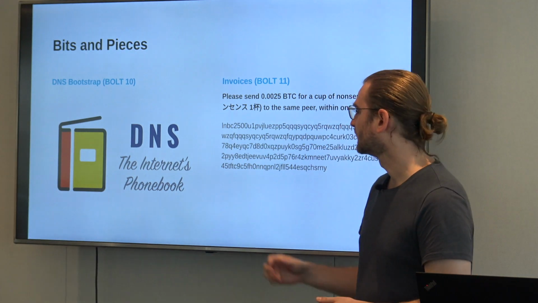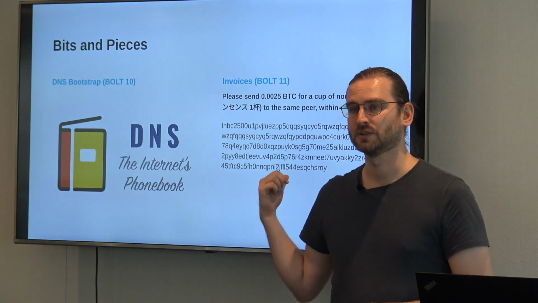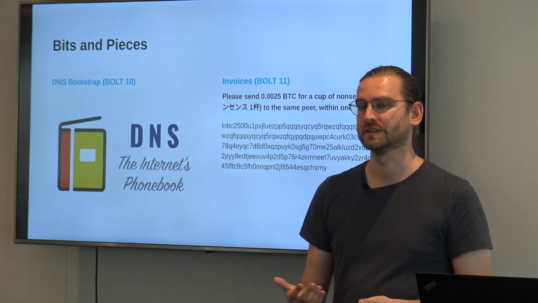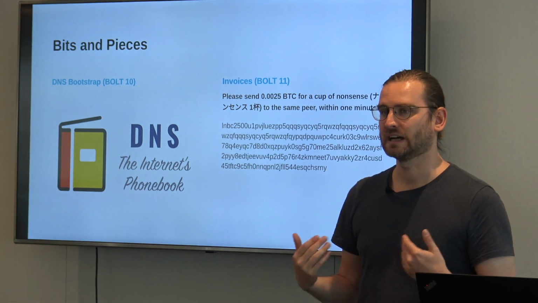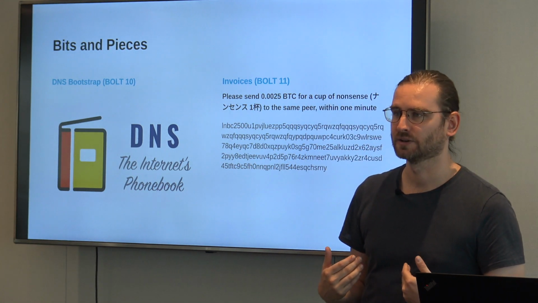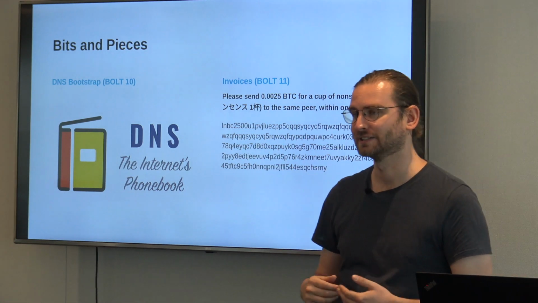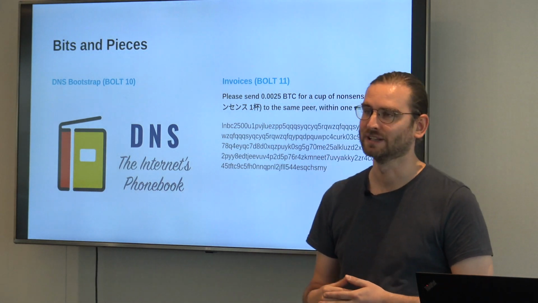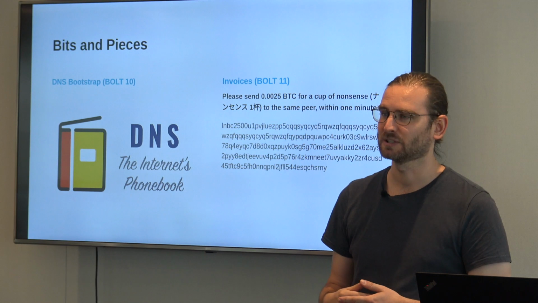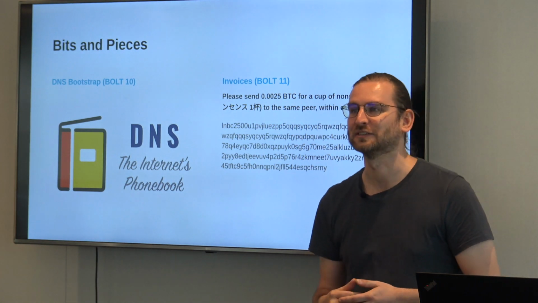One interesting side aspect of this invoice is that you can actually have a proof of payment. So if I go to Felix and Felix says, hey, you can have a cup of coffee if you pay me 200 millibitcoin, well, that's quite an expensive coffee.